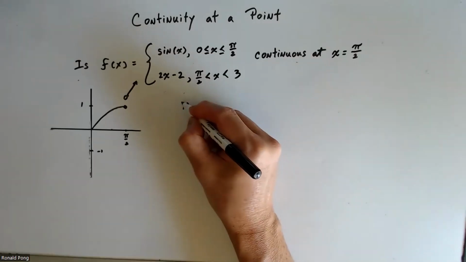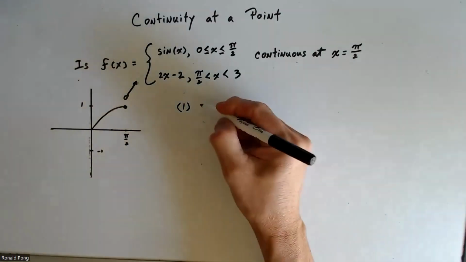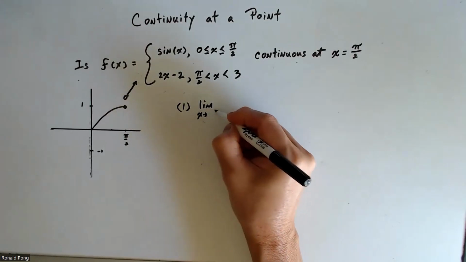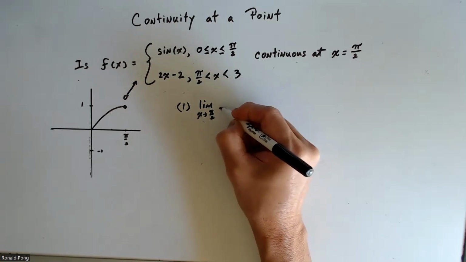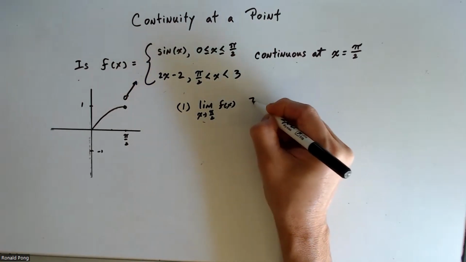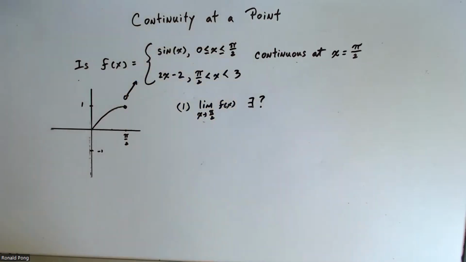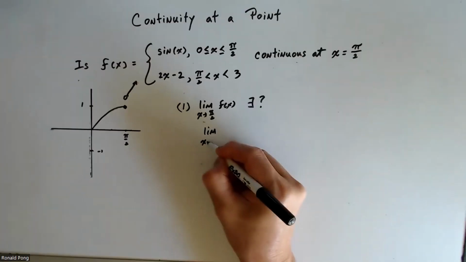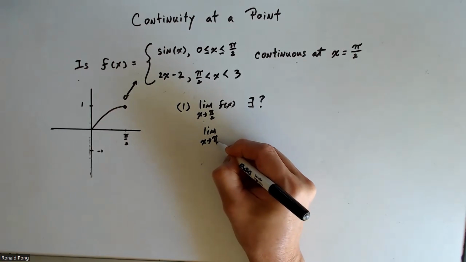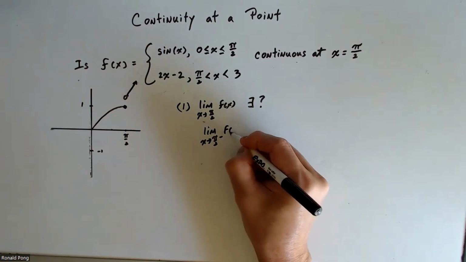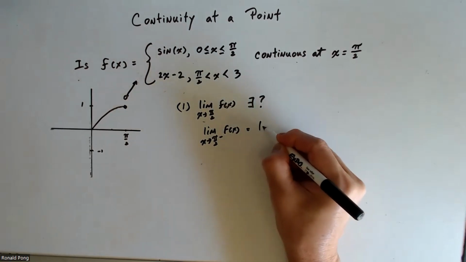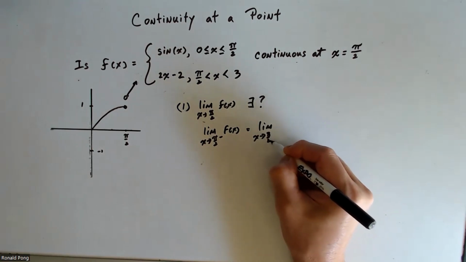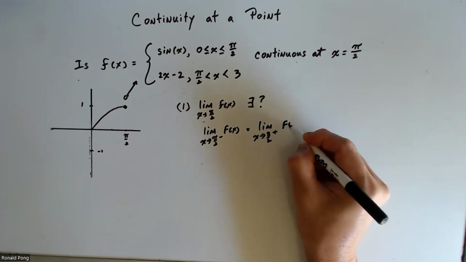The first criterion that we must meet is, does the limit as x approaches pi over 2 of the function exist? In other words, does the limit as x approaches pi over 2 from the left of the function equal the limit as x approaches pi over 2 from the right of the same function?